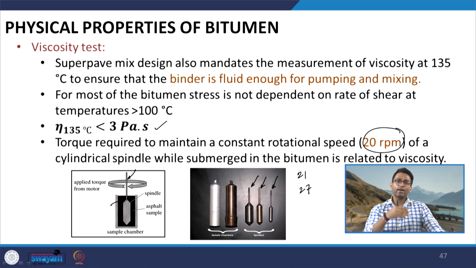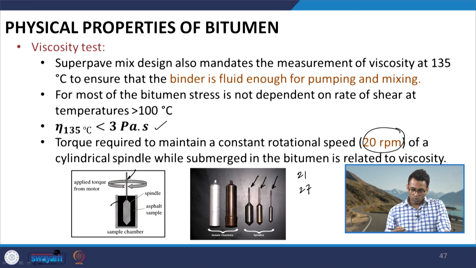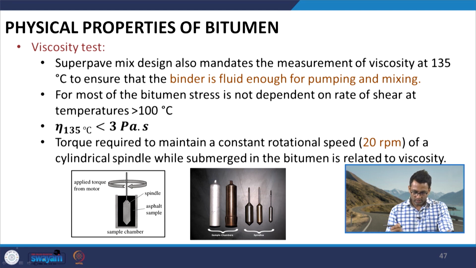So, this torque indirectly represents the resistance which is offered by the bitumen sample to rotate the spindle inside the mold, and this torque is used to calculate the viscosity of the bitumen. The actual calculation of the viscosity applies some mathematical functions. So, let us try to understand how the calculation is actually performed to assess the viscosity of the bitumen using the value of torque and the value of shear rate which we apply.